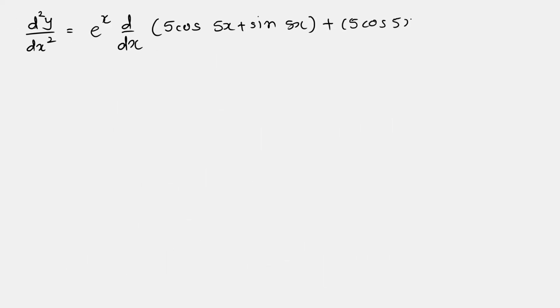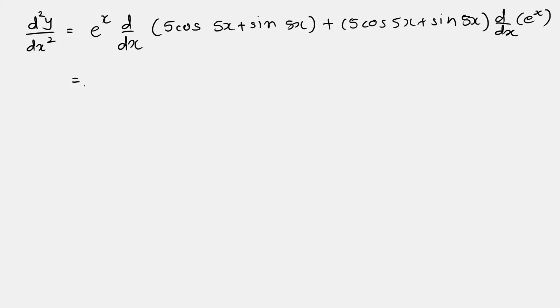So my d2y by dx2 is equal to first quantity as it is, d by dx of bracket as it is, bracket ka differentiation, plus 5 cos 5x plus sin 5x as it is, and differentiation of e to the power x.